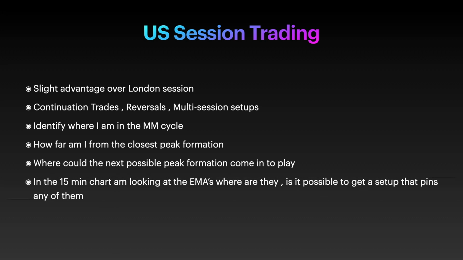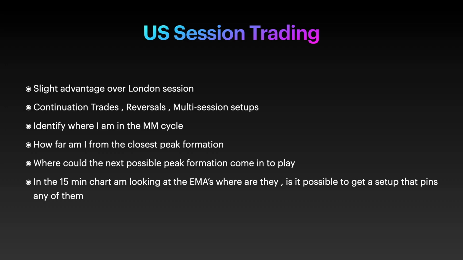On the 15-minute chart, I'm looking for the EMAs. Where are they? Is it possible to get a setup that pins any of them? This is going to play a really big factor when we talk about continuation trades, because continuation trades, most of them, over 90% of them, are going to pin the 50.